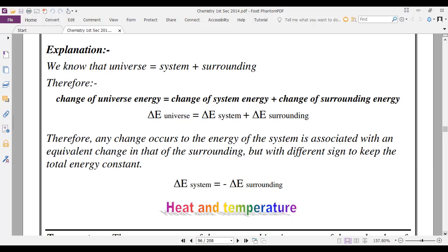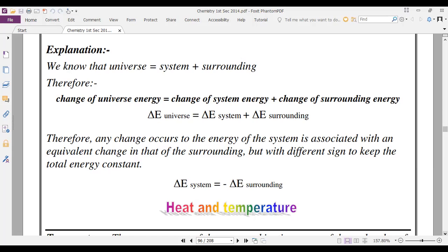So therefore, any change that occurs to the energy of the system is associated with an equivalent change in the surrounding, but with a different sign. As when you try to make a chemical reaction that needs heat, for example burning a magnesium strip.